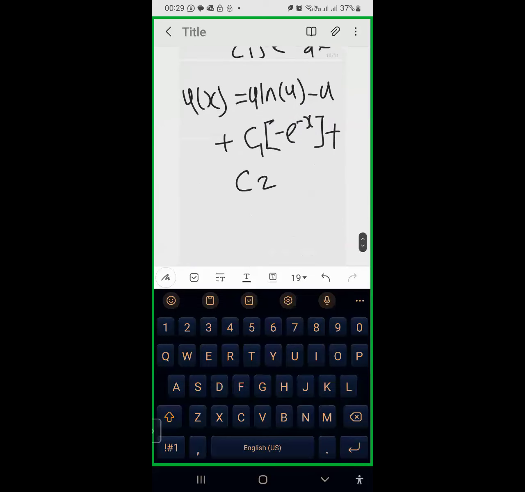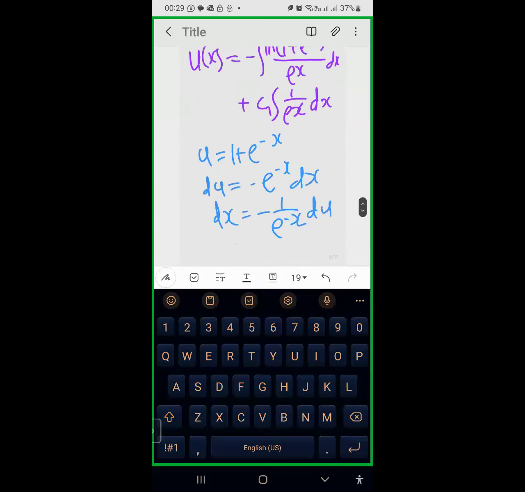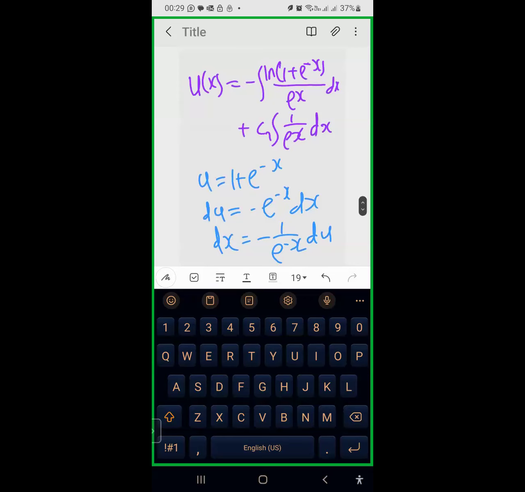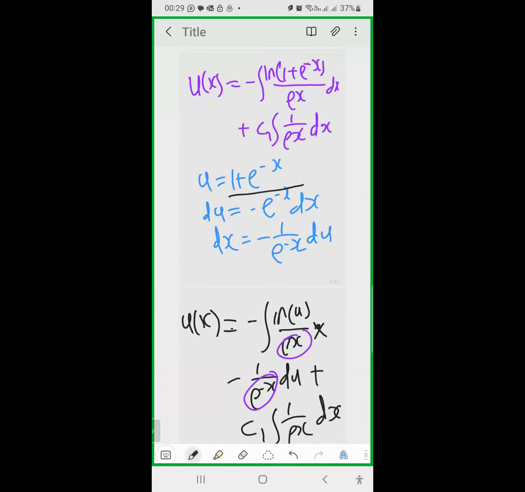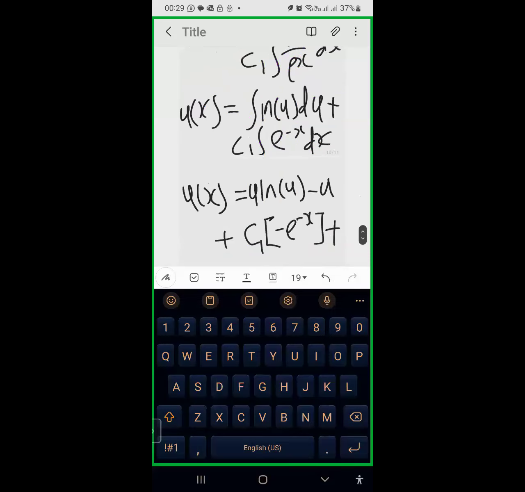We let u equal to 1 plus e to the power minus x.